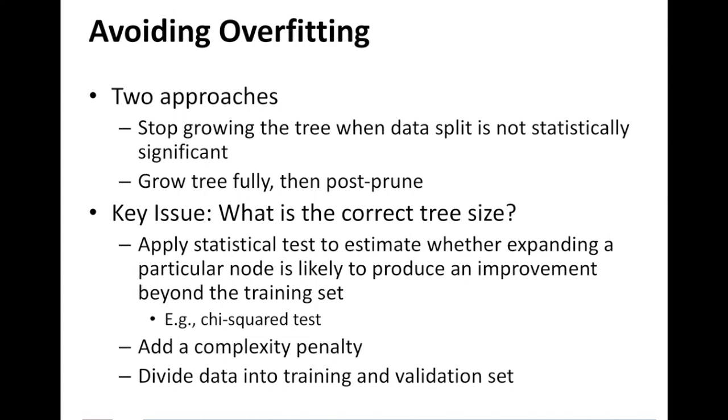The second approach is to grow the tree fully, till every leaf is pure and all training examples can be exactly classified, and then prune the tree.